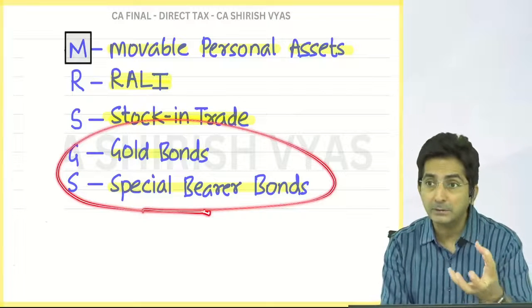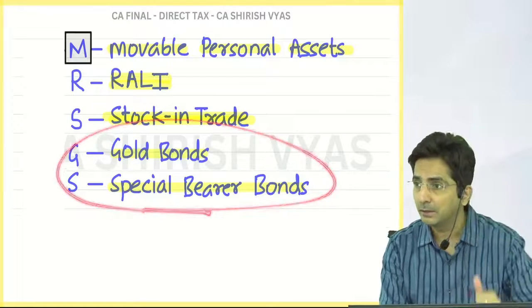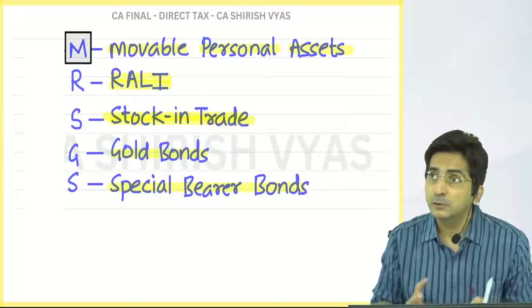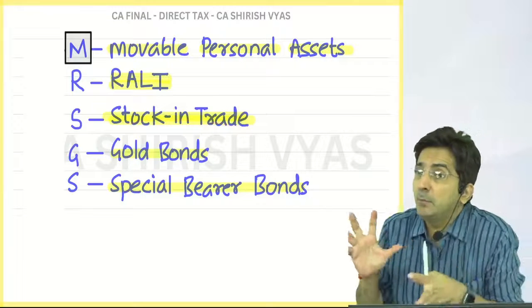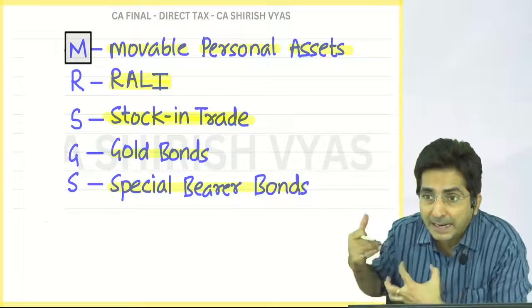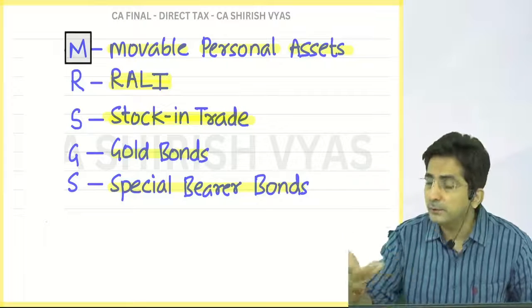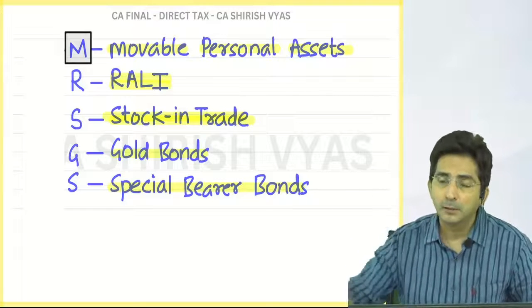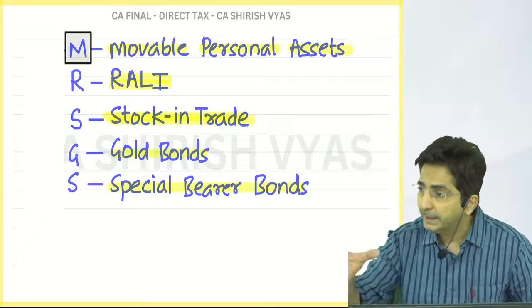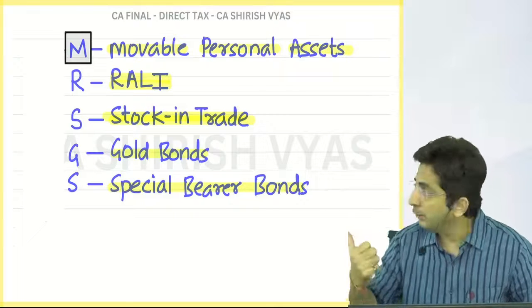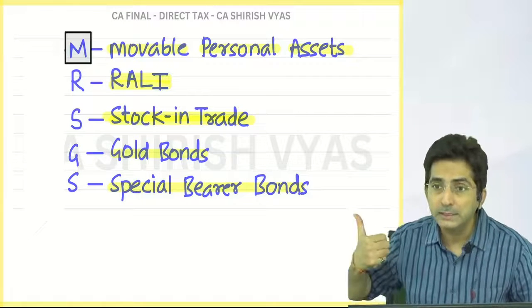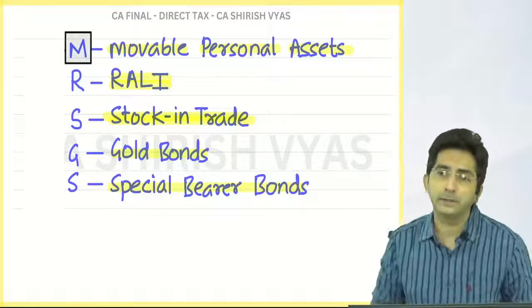So this becomes attraction for the investor. Instead of investing in bonds of Reliance or some other company, he will be inclined to invest here, because these are government bonds only.